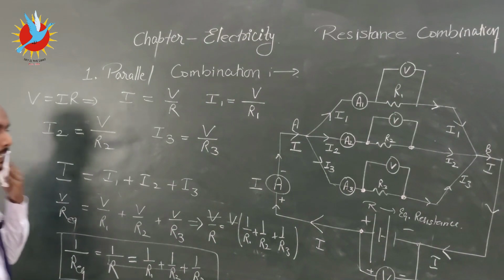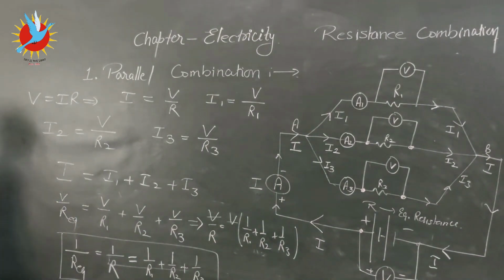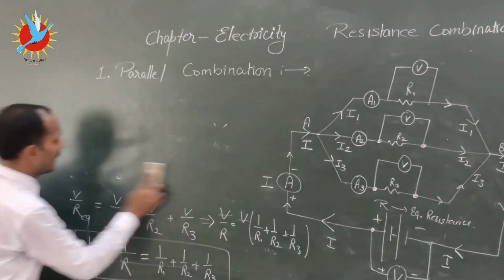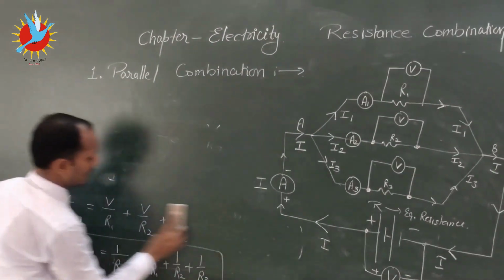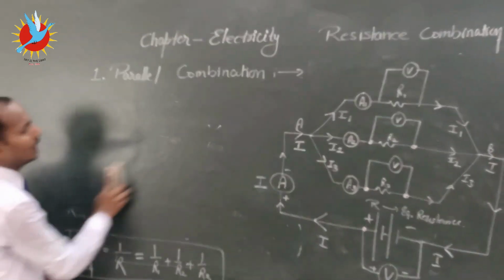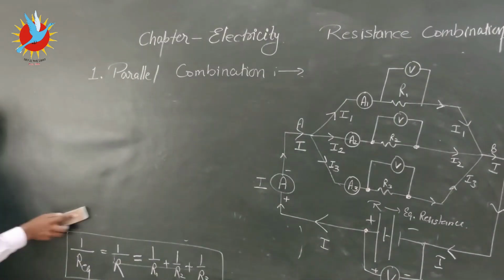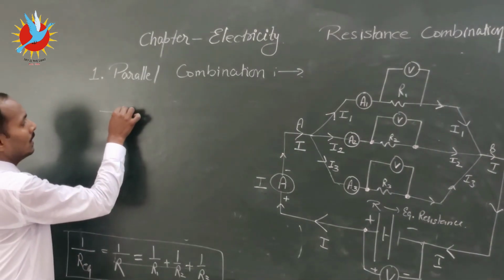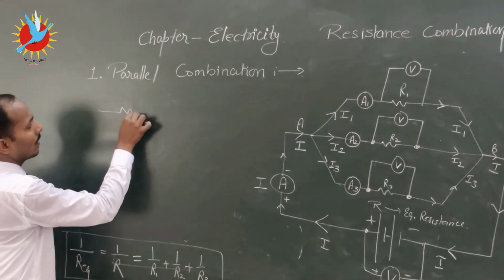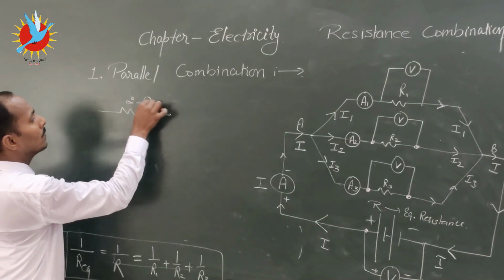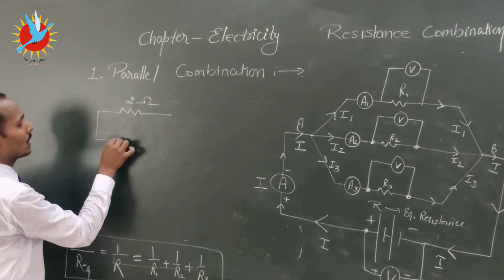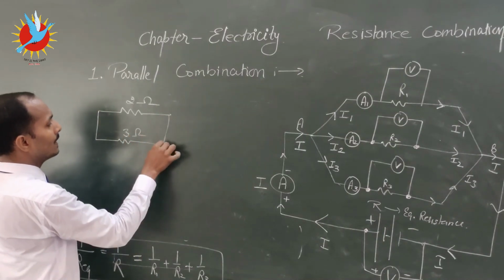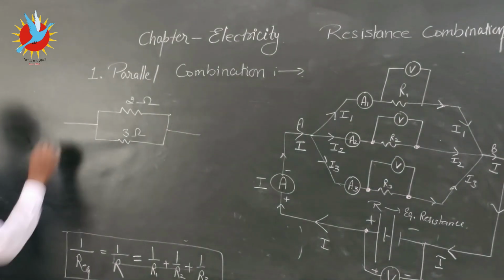Remember one point. Take an example of this. This derivation is very easy. Suppose there is a resistor of 2 ohm and a resistor of 3 ohm in parallel combination.